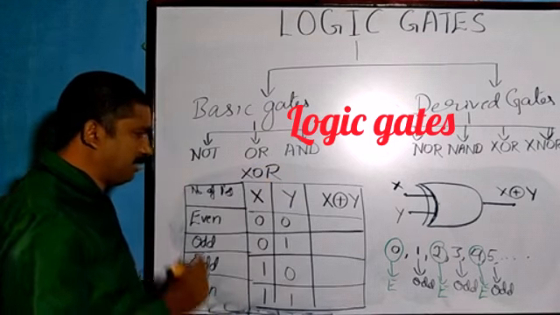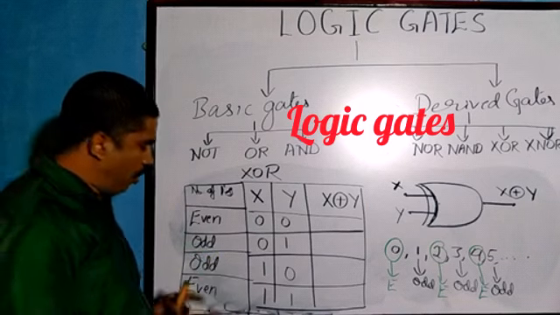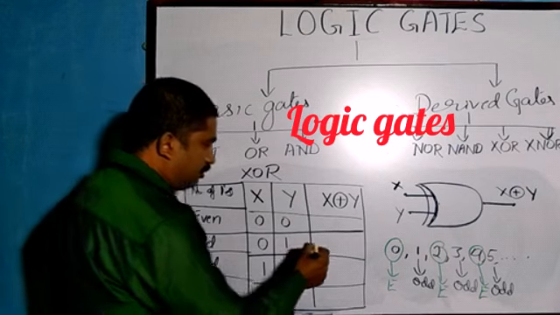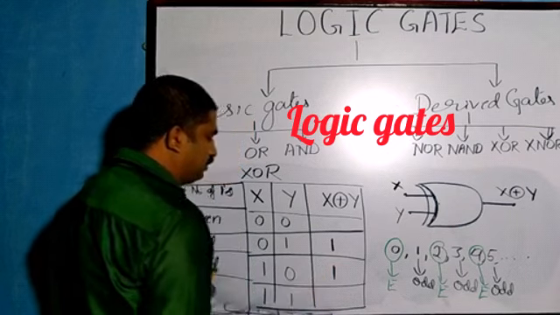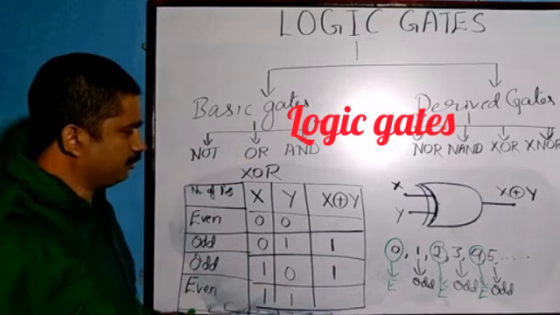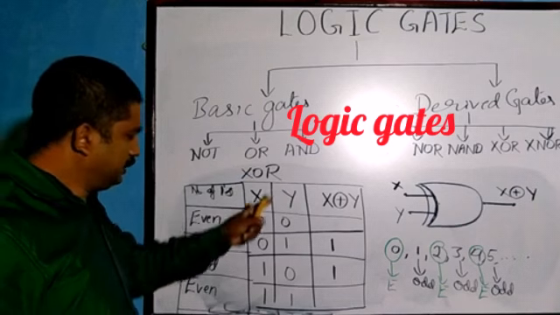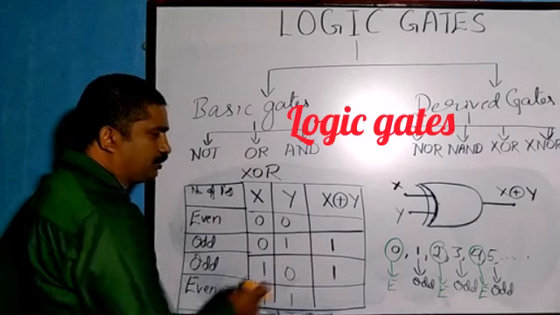Okay. So we are studying about the XOR gate. Therefore, in the XOR gate, wherever an odd number comes, just substitute 1 as output. So that will be the true case. In the XOR gate, for odd numbers, you have to put 1.